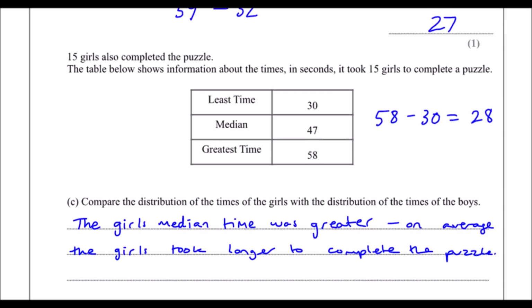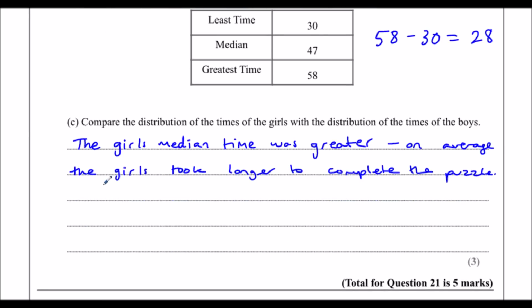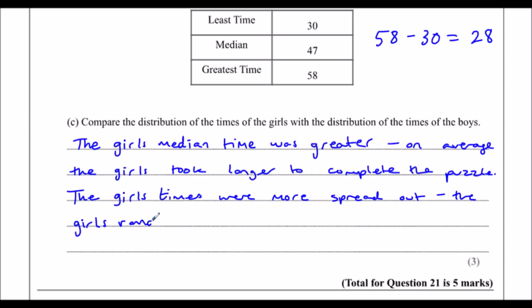And how about the range? The girls' was 28, the boys' was 27. So the girls' times were more spread out. They had a greater range. So the girls' range is greater than the boys'.